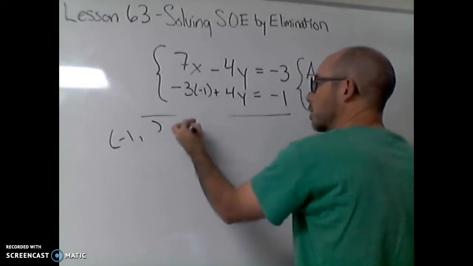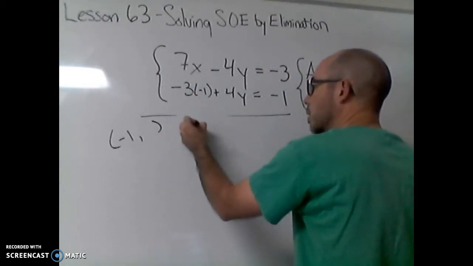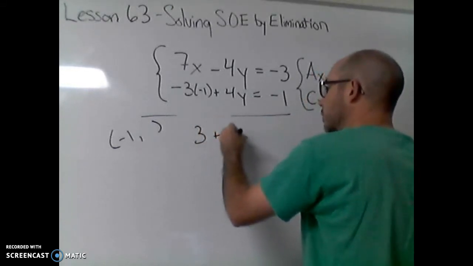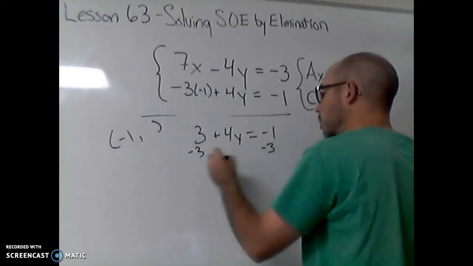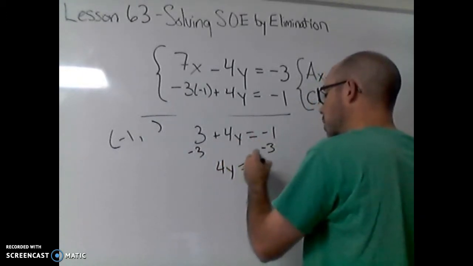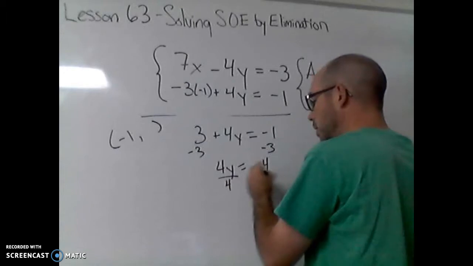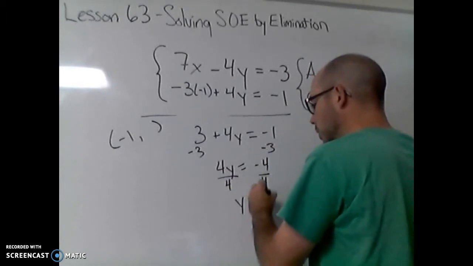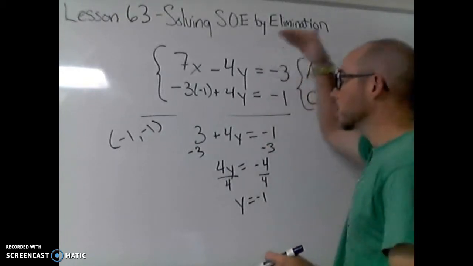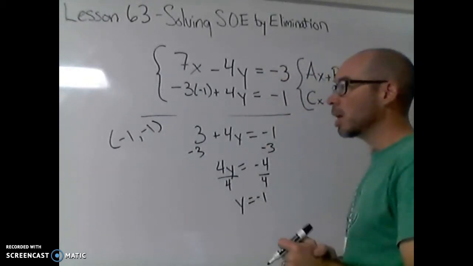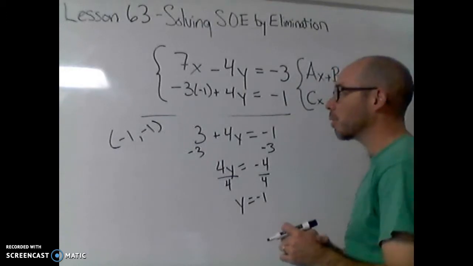So negative 3 times negative 1 is 3, plus 4y equals negative 1. I'm going to subtract 3 from both sides, 4y equals negative 4, and then finish it off, y equals negative 1. The solution to both of these equations is going to be negative 1 for x and negative 1 for y.